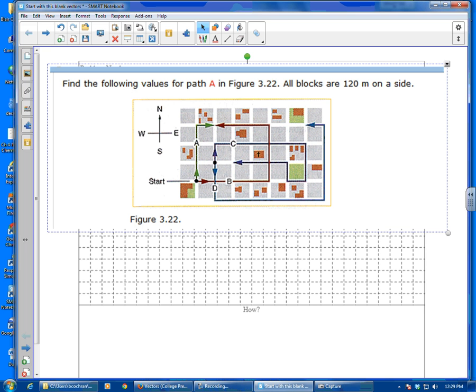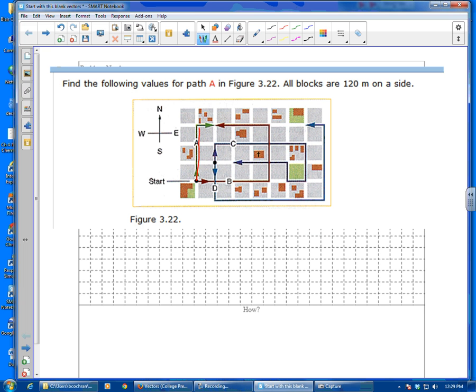So if I'm doing path A here, my distance is going to be this vector and this vector. I'm going to redraw those down here just to make them bigger. So I've got this vector and that vector. And then my displacement will be from the beginning to the end, so it'll be that vector there.